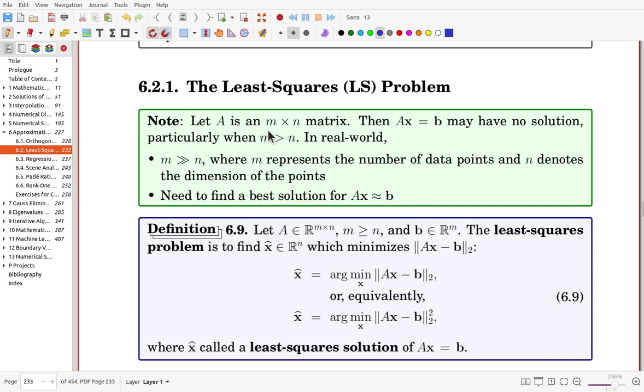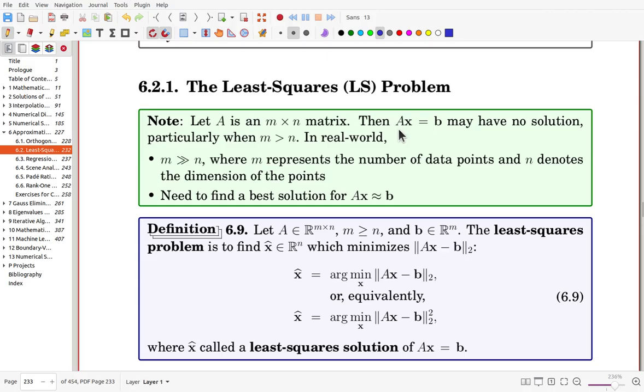A is an m by n matrix. Then Ax equals b, this linear system, may have no solution, particularly when m is larger than n. In reality, m is much larger than n. Usually, m represents the number of data points, and n denotes the data dimension.